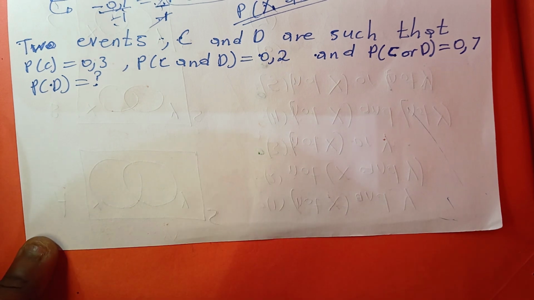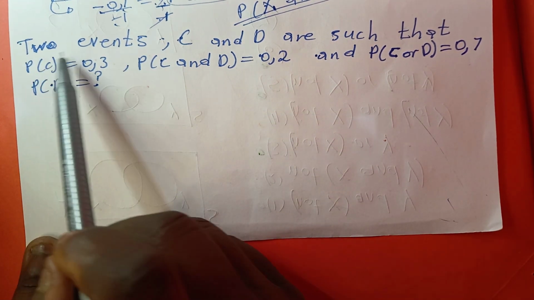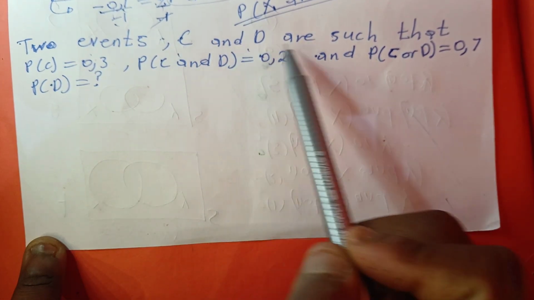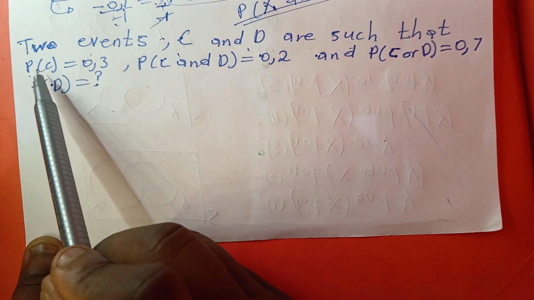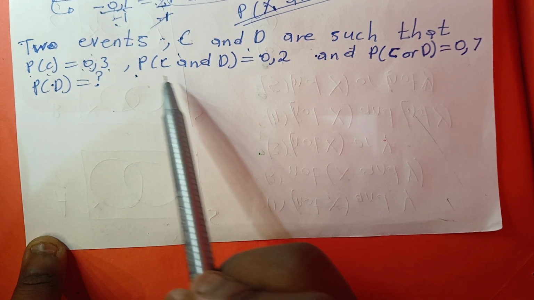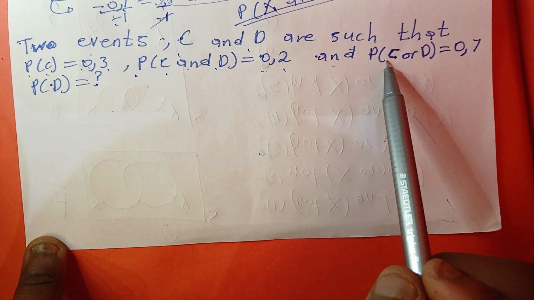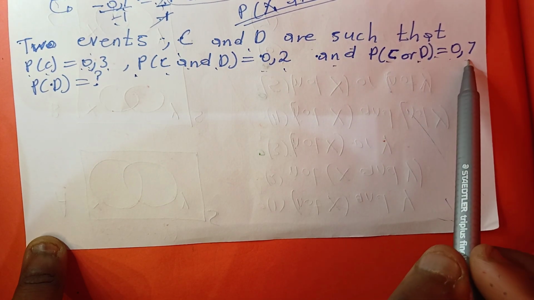Even here they try to trick you by applying algebra, because here they say that two events C and D are such that the probability of C is equal to 0.3, the probability of C and D is 0.2, and the probability of C or D is 0.7.